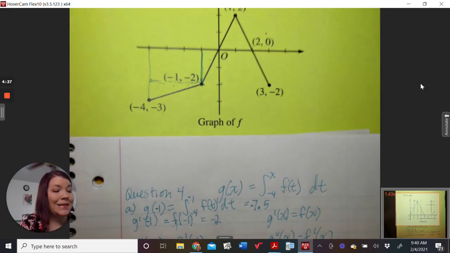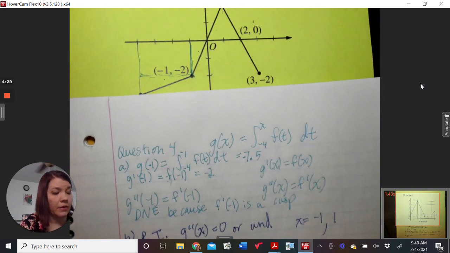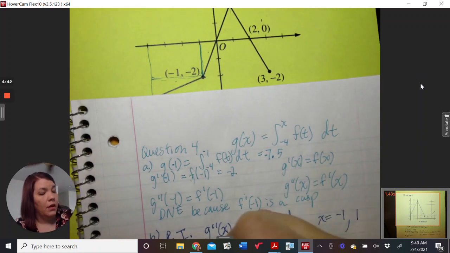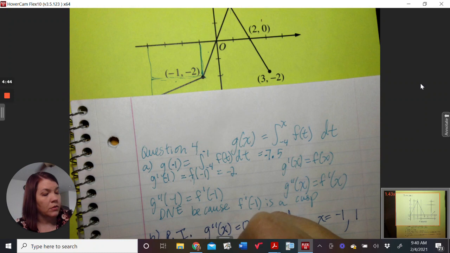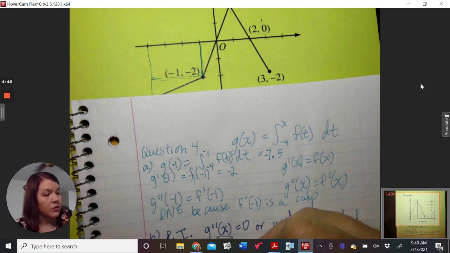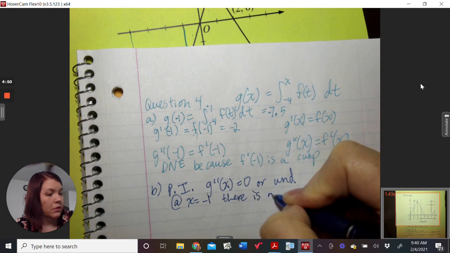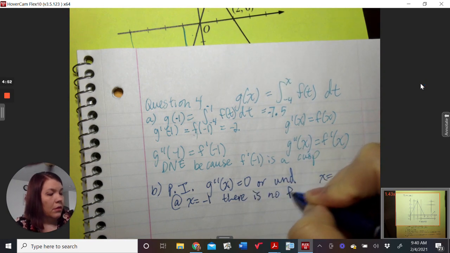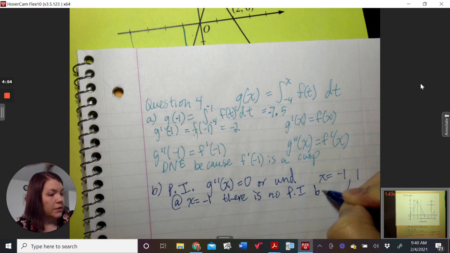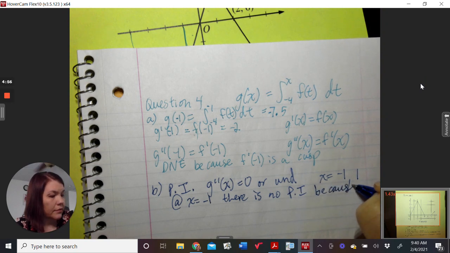At x equals -1, there's no point of inflection, because g double prime of x does not change.